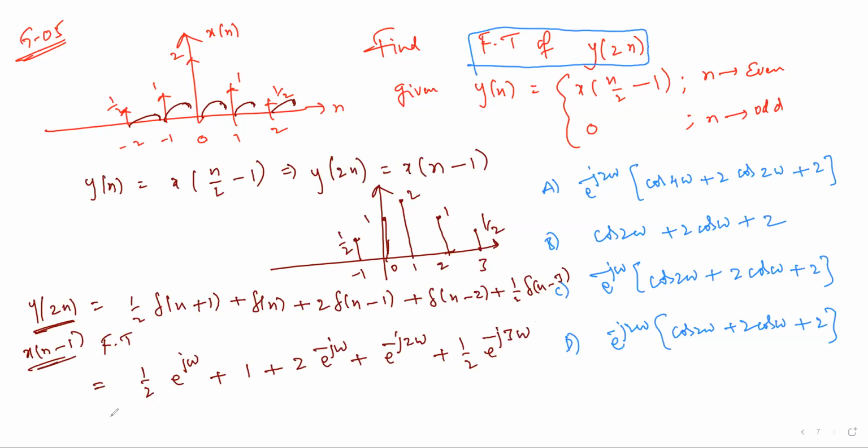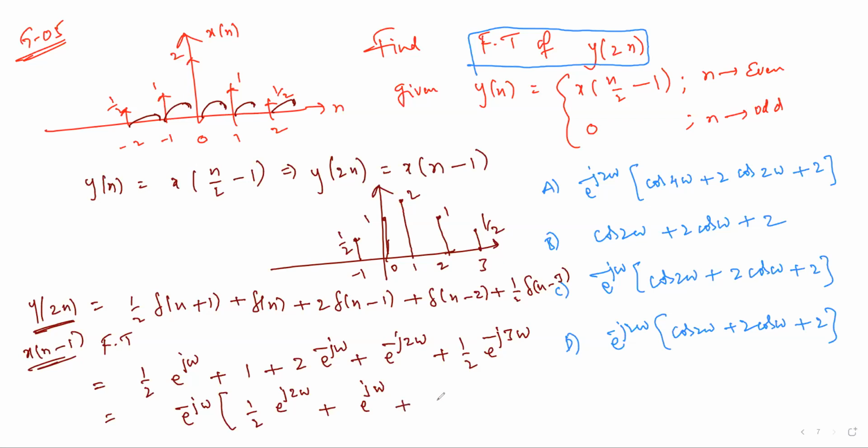To simplify this, the terms are not in the required format to convert into cos functions. So we can do one thing here: let's take e to the power of minus j omega common from these terms. Then the first term becomes 1 by 2 e to the power of j2 omega, so that 2 omega minus omega plus omega matches. Then e to the power of plus j omega multiplied by e to the power of minus j omega becomes 1.